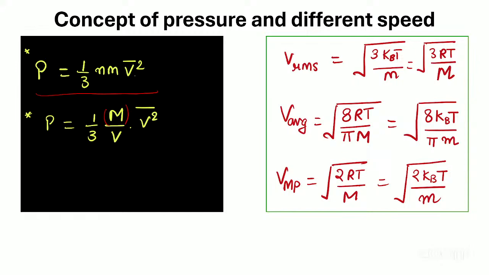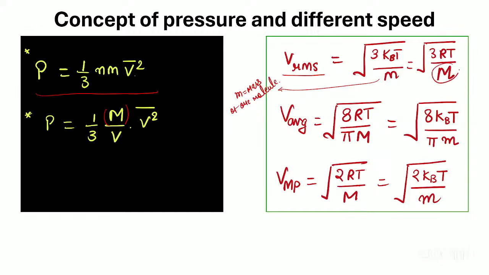Based on that, we have the three velocities by which a molecule can move in a gas container. The first velocity is the RMS velocity, which is the square root of 3k_BT upon m. This small m, you have to pay attention, is the mass of one molecule.